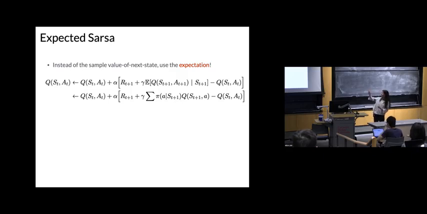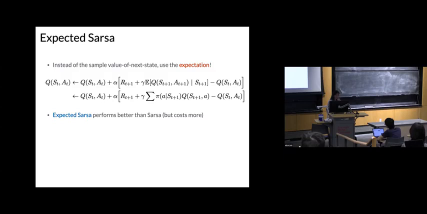So we may as well use that to evaluate the goodness of the next state, S_{t+1}, under our policy. This expected SARSA may show up in some of the next lectures. Overall, it costs more. Why? Because you have this big summation to take care of, while in the previous case there's no summation. You just use the action that you sampled.